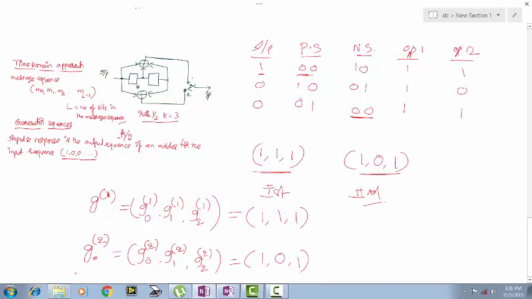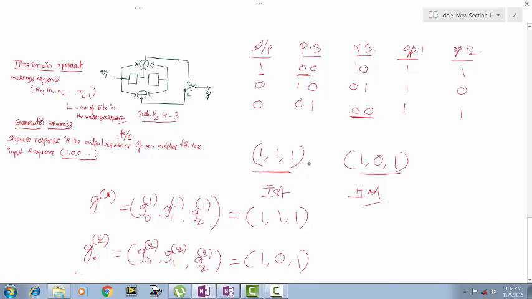So by looking at the convolutional encoder structure, we can directly write down the generator sequences. It is easier: if the connection is made to the adder, write 1; if the connection is not made to the adder, write 0.